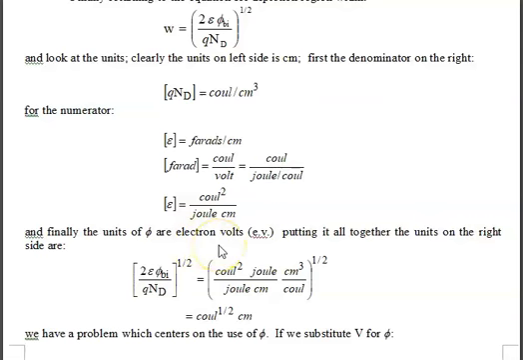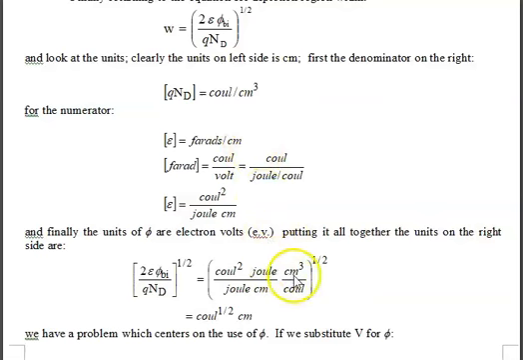So putting that all together, the units are the units of permittivity, coulomb squared per joule centimeter, right here, this part, multiplied by the units for the band bending, which are joules, and divided by the denominator, which is coulombs per cubic centimeter.